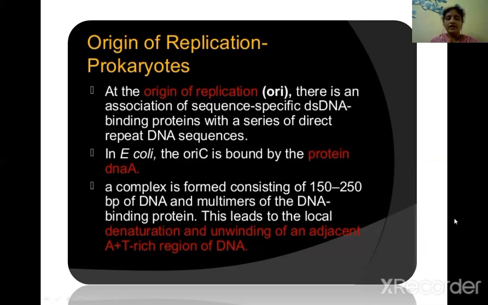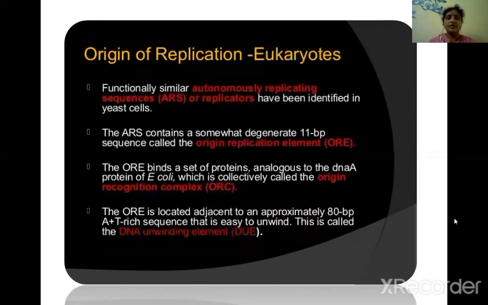In E. coli, ORI-C is bound by the protein DnaA. A complex is formed consisting of 150 to 250 base pairs of DNA and multimers of the DNA binding protein. This leads to the local denaturation and unwinding of the adjacent AT-rich region of the DNA.